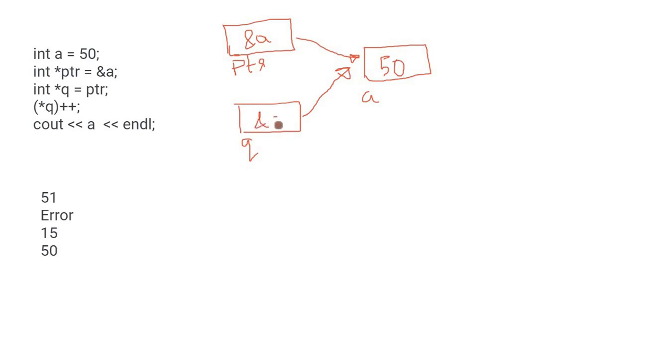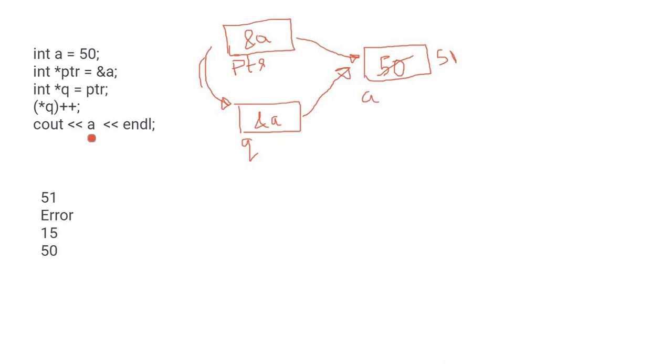It has the address of A, which has been copied from ptr. Now since both the pointers have the address of A, on doing star q plus plus, this value would be overwritten to 51.